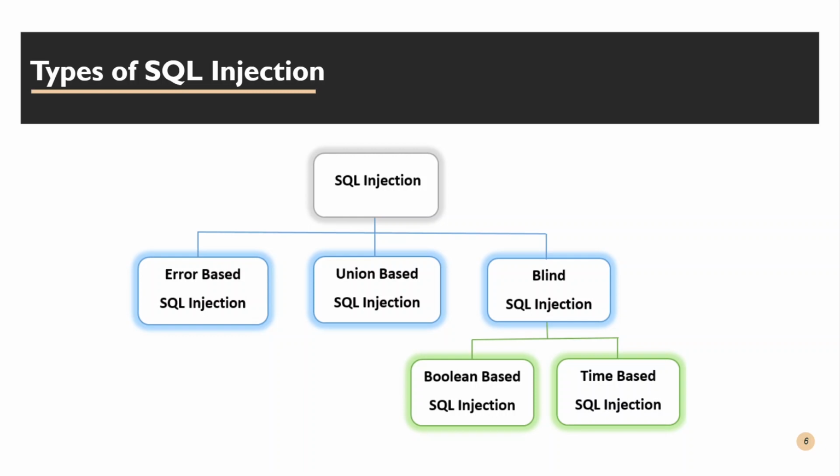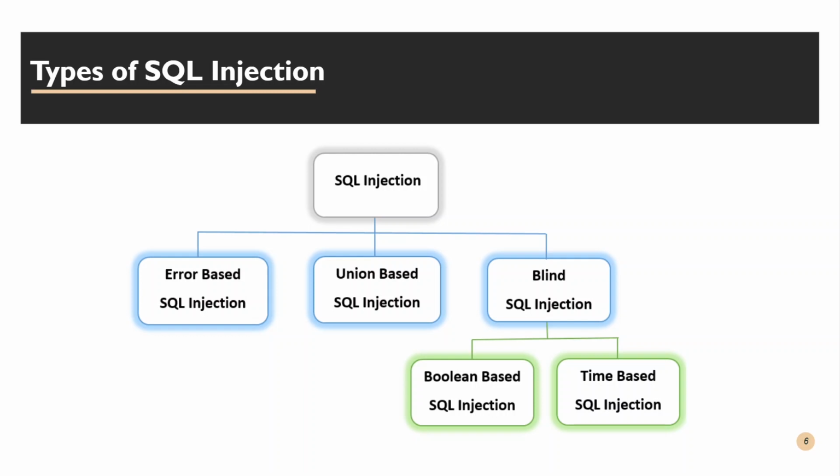We also have another category, which is referred to as the union-based SQL injection. In the case of a union-based SQL injection, it involves using a union statement to combine the result of an original query with a malicious query. In this case, we're able to retrieve additional data beyond what was expected in the original query.